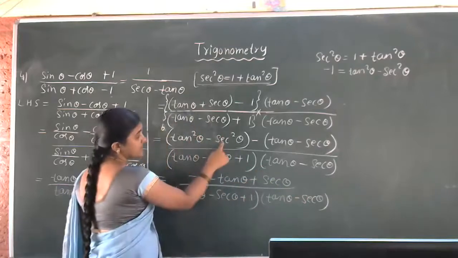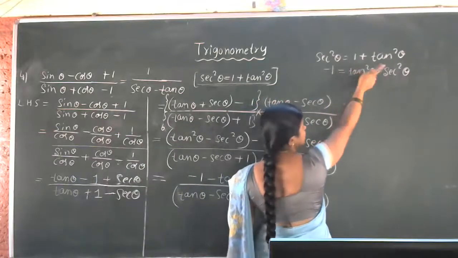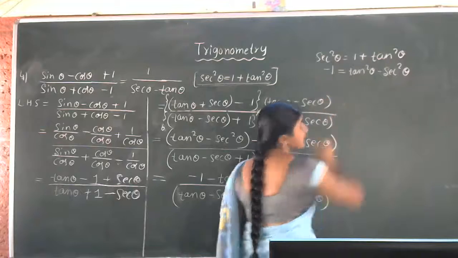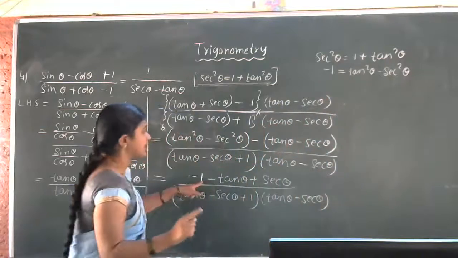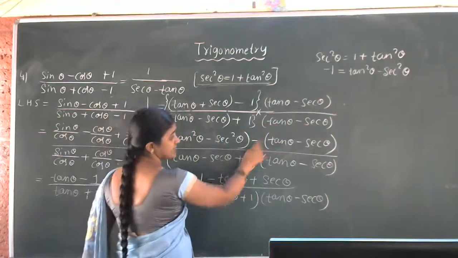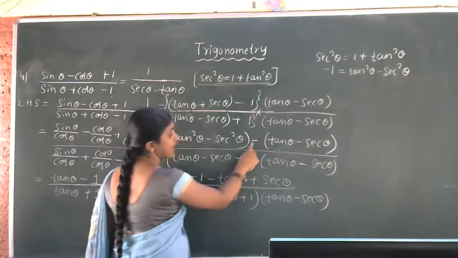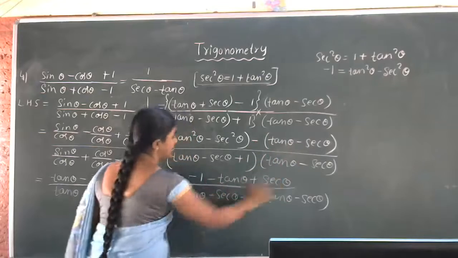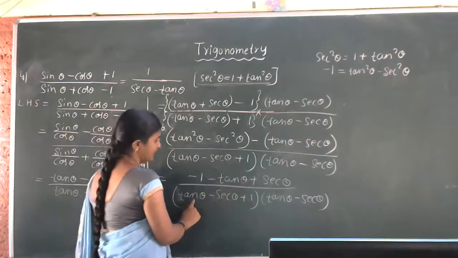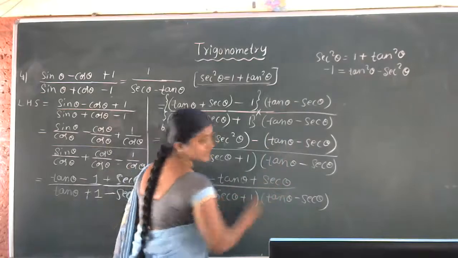Now tan square theta minus secant square theta, here we are using the identity: tan square theta minus secant square theta value is minus 1, not plus 1. Substitute that minus 1, then remove the bracket with the sign operation. Minus into tan theta is minus tan theta, minus into minus is plus secant theta, divided by the denominator tan theta minus secant theta plus 1 into tan theta minus secant theta.